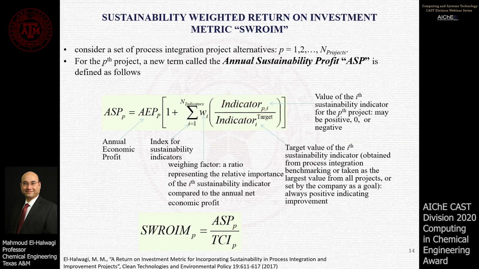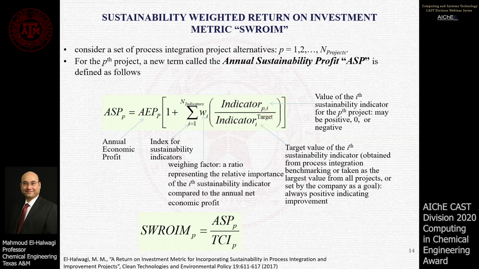And so if we look here, we have WI, which gives us the relative ratio to economic profit. And then we have this fraction, which represents the ratio to the best that the company can do. So here we are comparing the performance of this project to the true potential for that particular process, not for somebody else's.